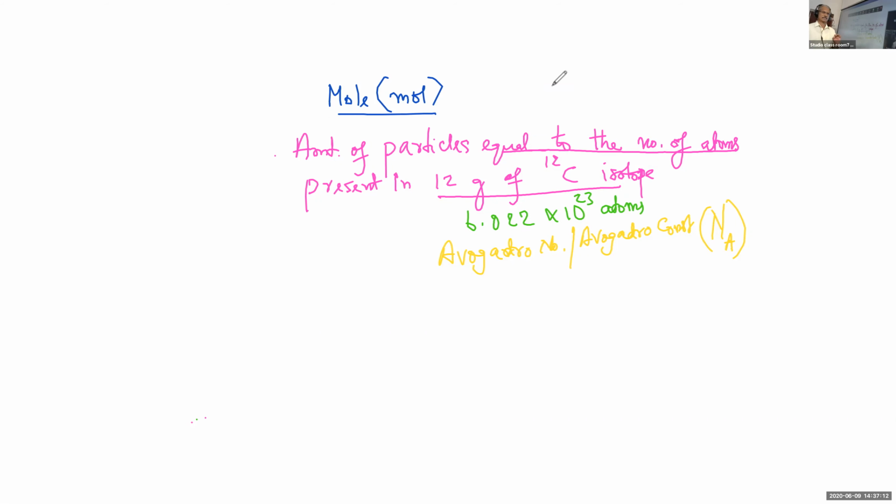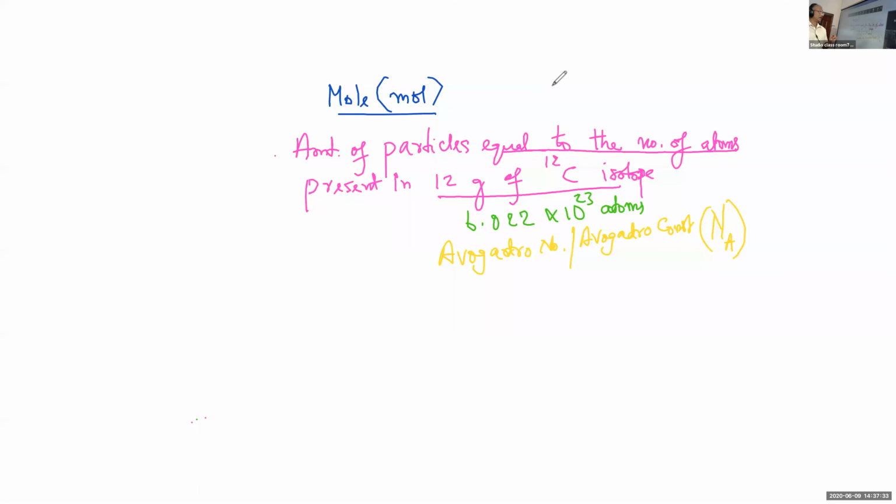This number is a constant value known as Avogadro number, after the scientist Avogadro. Avogadro number or Avogadro constant is denoted by Na, N for number and A for Avogadro.